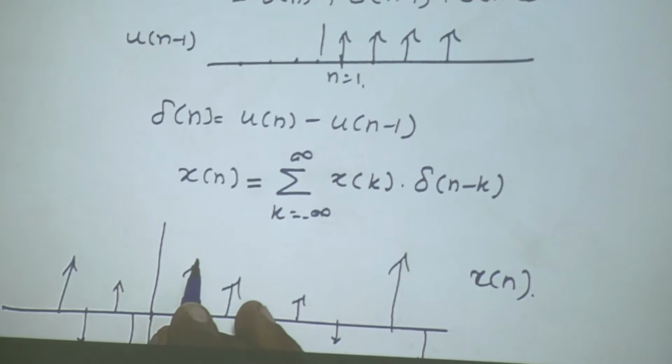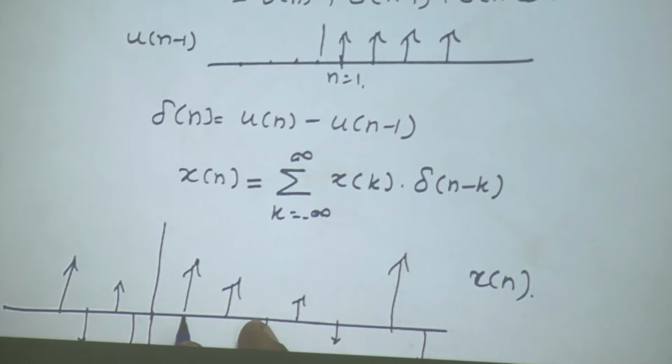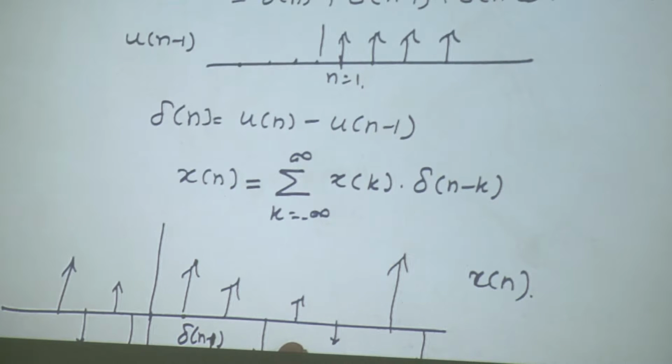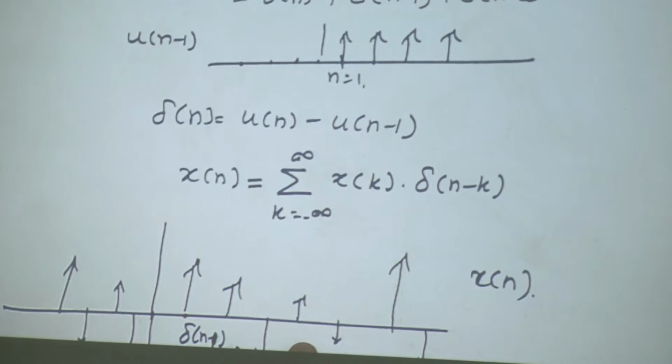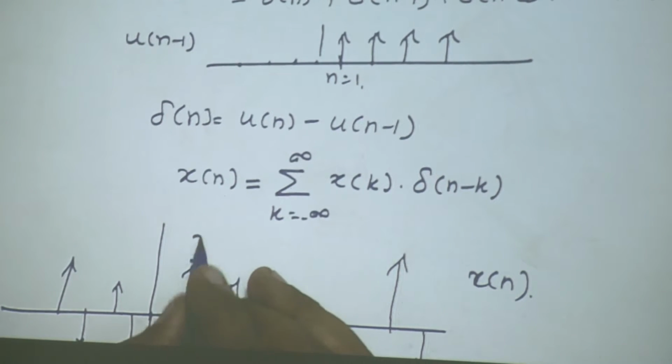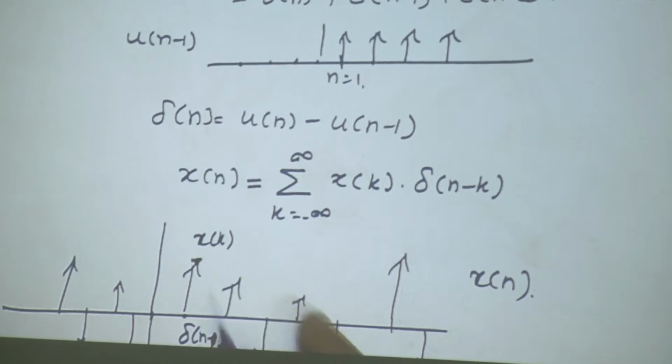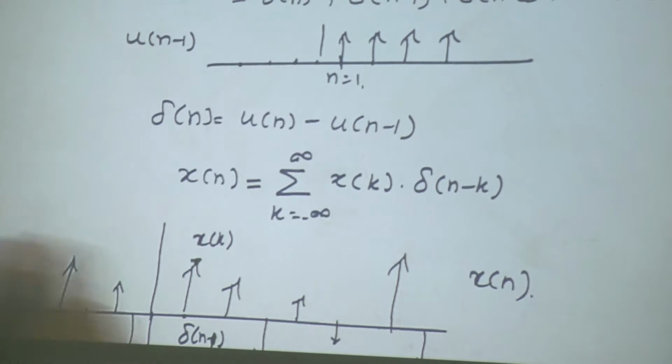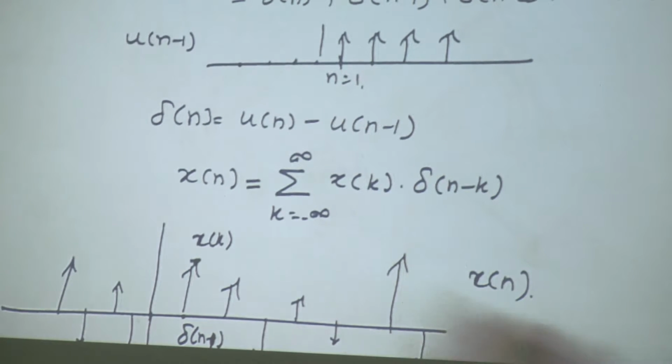This is x[k]. For this value of k, what is this impulse? The impulse present at this value will be delta[n minus k]. If k is 1, this is delta[n minus 1]. If k is 2, it is delta[n minus 2] and so on. What is the value associated with this? The magnitude of it could be called x[k]. So, x[k] multiplied by delta[n minus k], all such summations will represent x[n].